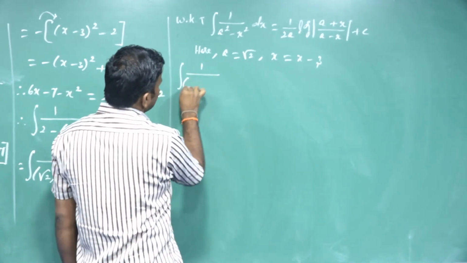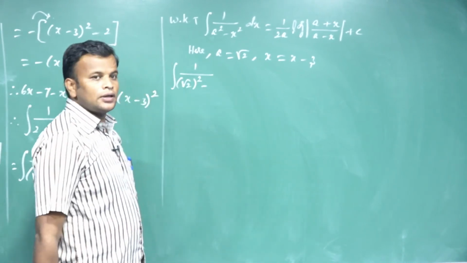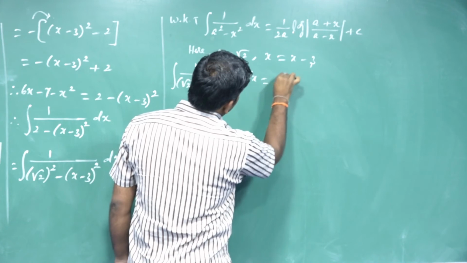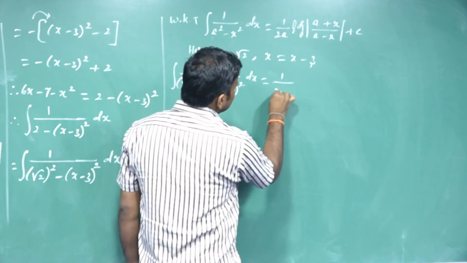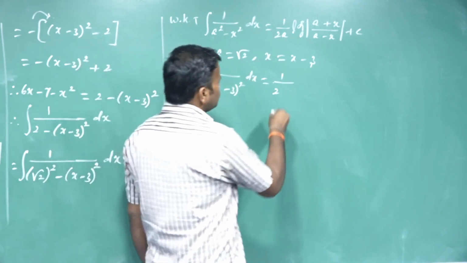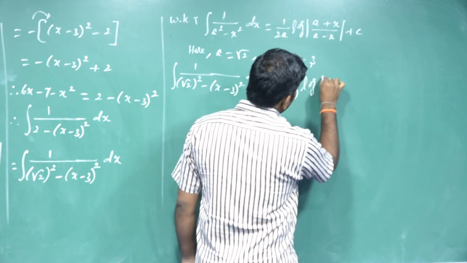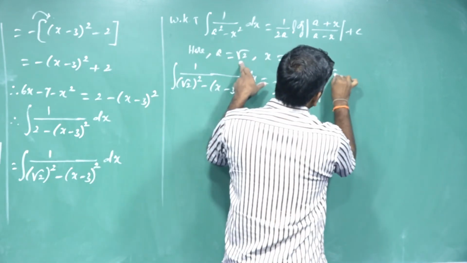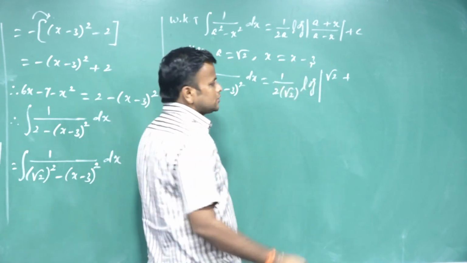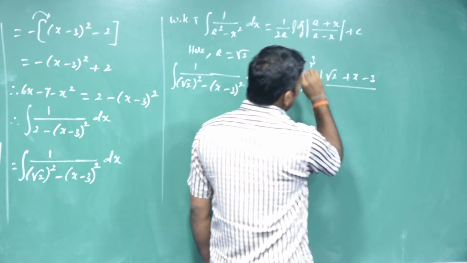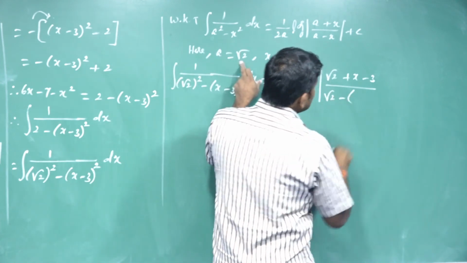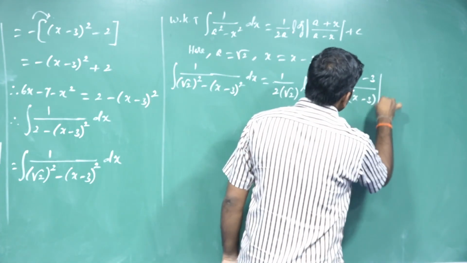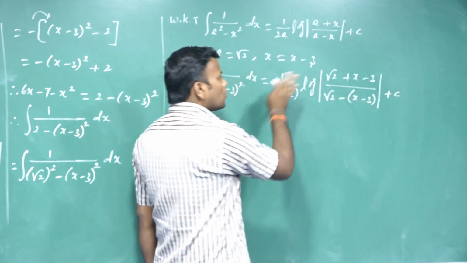I apply these values: 1 divided by root 2 the whole square minus x square, where the value of x is x minus 3 the whole square, into dx, is equal to 1 divided by 2a, the value of a is root 2, log within modulus, a plus x, root 2 plus x minus 3, divided by a minus x, root 2 minus x minus 3, plus c.